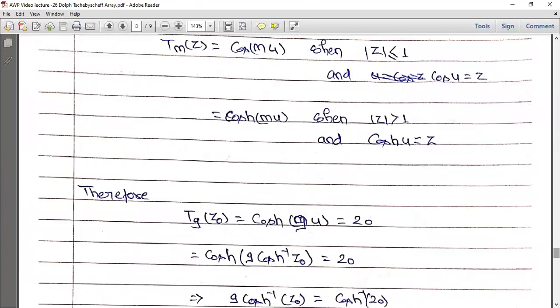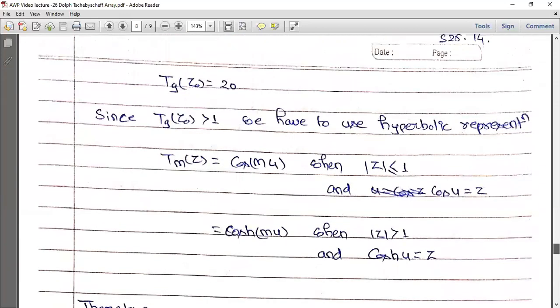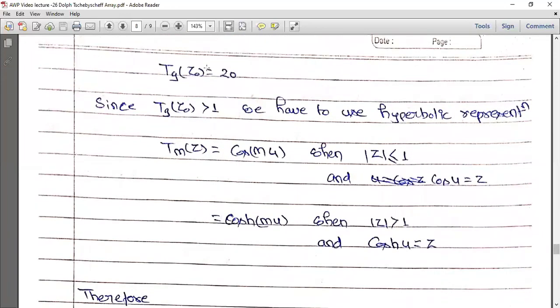Let me go to the definition once. Yes, here. You have to find the value of z0 such that T9 z0, Chebyshev polynomial of degree 9, will be equal to 20.